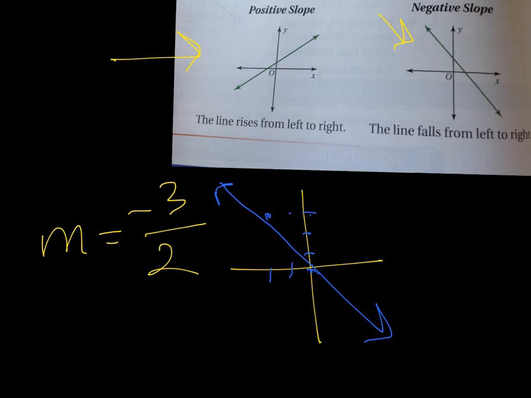Well, let's say first we go down 3, 1, 2, 3, and then over 2, 1, 2. The line is still on that same slope. So when it's a negative slope, you're going to either rise up and then your x is going to move negative, or your y is going to move negative and your x is going to move positive.